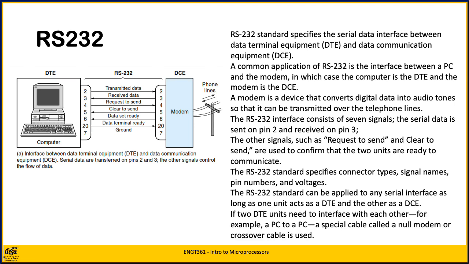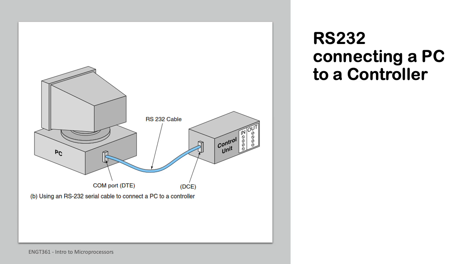If two DTE units need to interface with each other, for example, a PC to a PC, a special cable called a null modem or crossover cable is used. RS-232 is commonly used in the control field when two units need to exchange data.